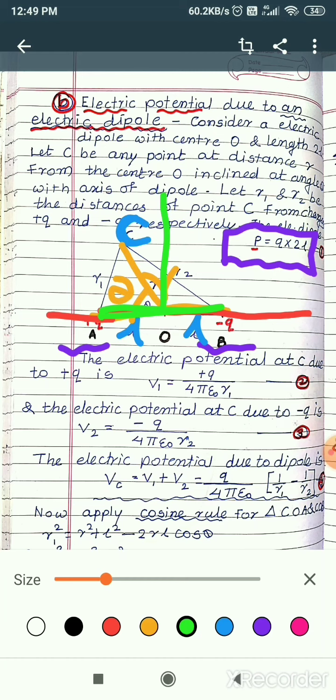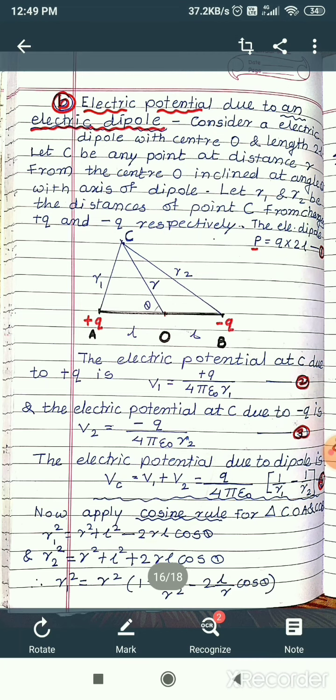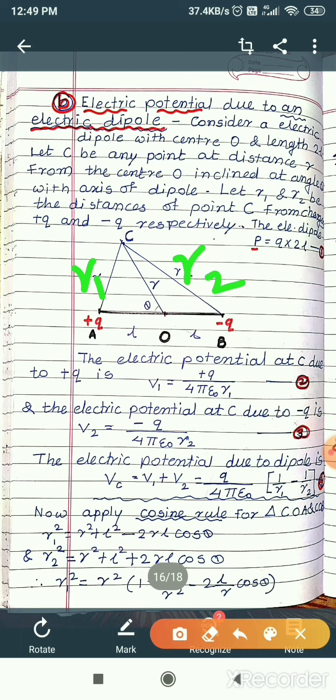Okay. Therefore, what will we do now? Consider point C, which makes an angle theta with the axis of the dipole, and r is its distance. Then we consider r1 is the distance of point C from the first charge, and r2 is the distance of point C from the second charge.